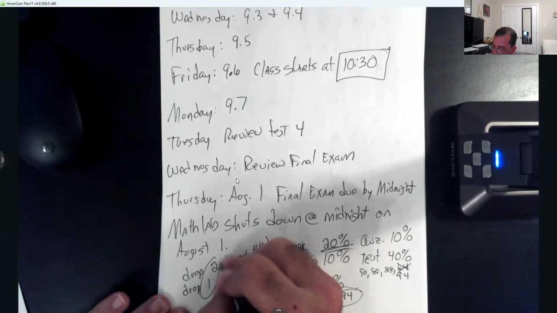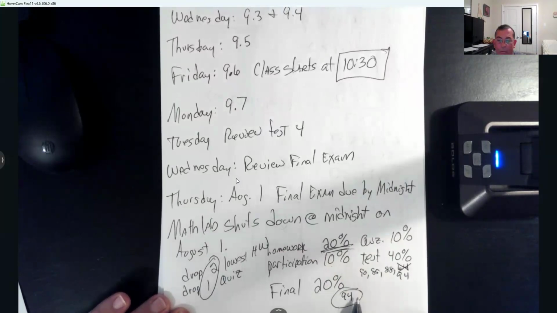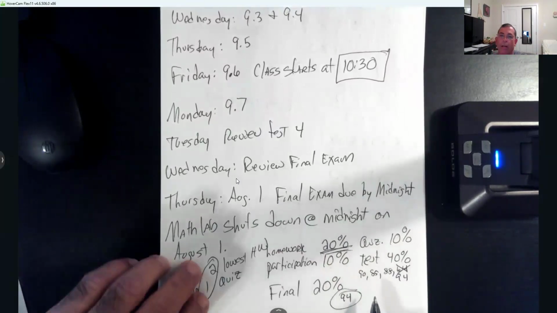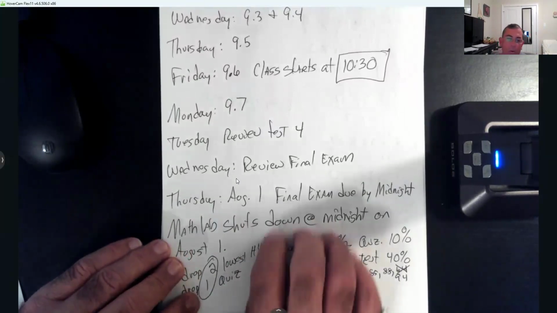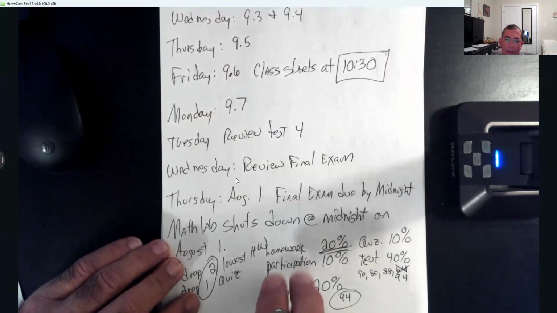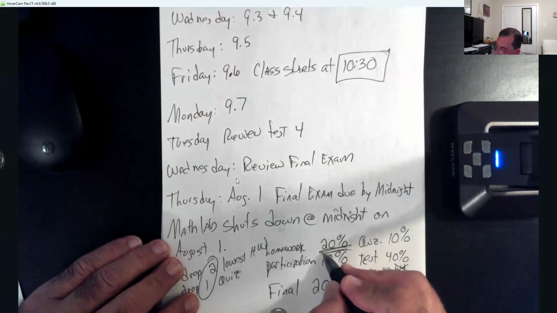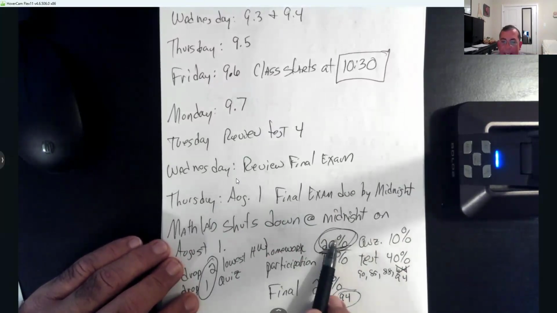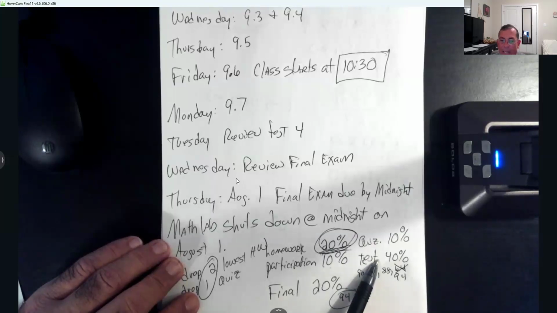So these 3 things will drop at the end, and I will replace the low test score with your final exam score, okay? So at this point, grades are going to go up. But y'all, don't kill yourself. Try to get as much of this 20% as you can on the homework. Then you don't have to kill yourself on the testing, okay?